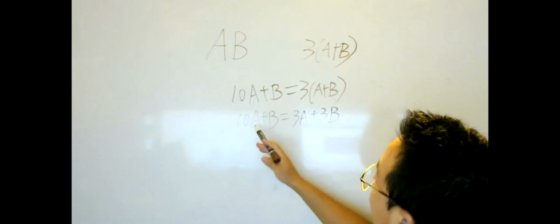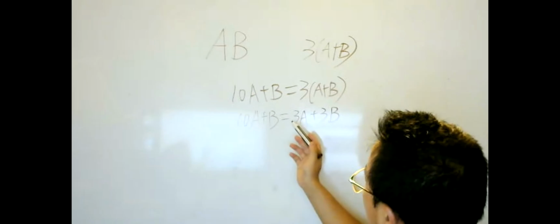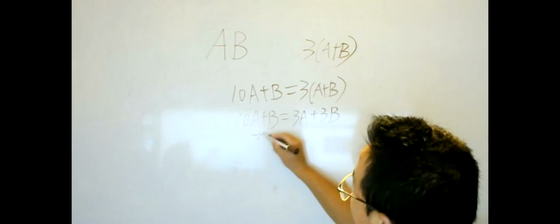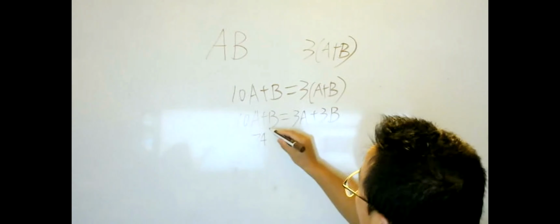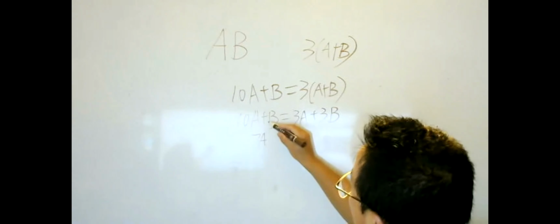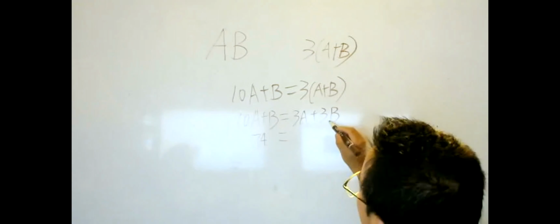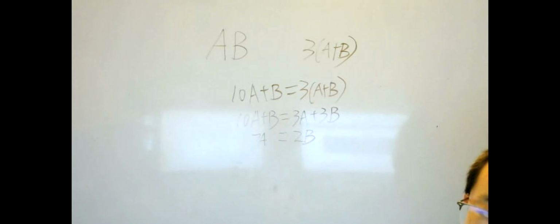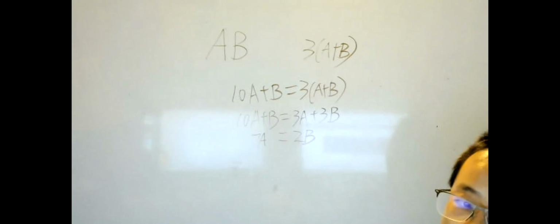So let's subtract 3a on both sides. We got 7a in here, and subtract b again, so b is gone, this becomes 2b. Okay, so 7a equals 2b.